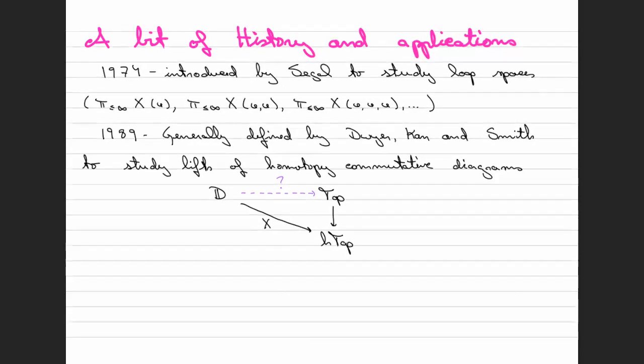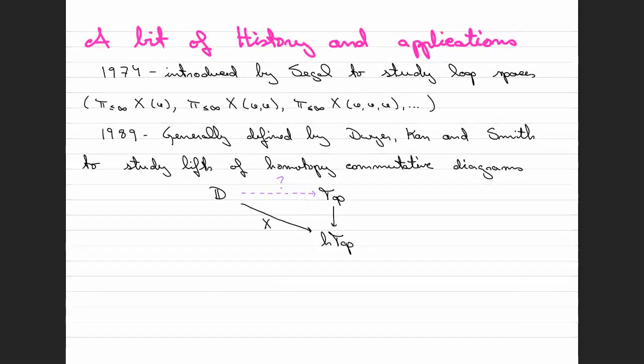And also related, when can it be lifted to homotopy coherent diagrams, where not only do we know that it commutes in this category, but we know exactly with which homotopies it commutes? If you don't understand that, that's fine.